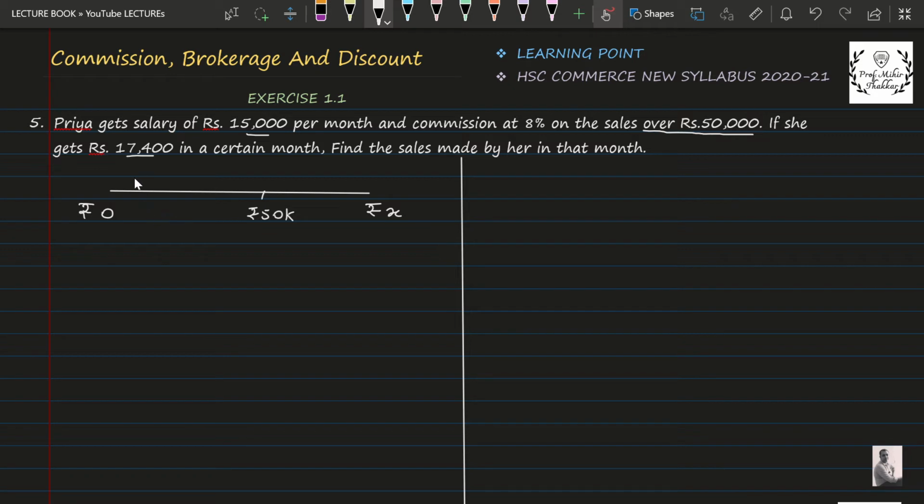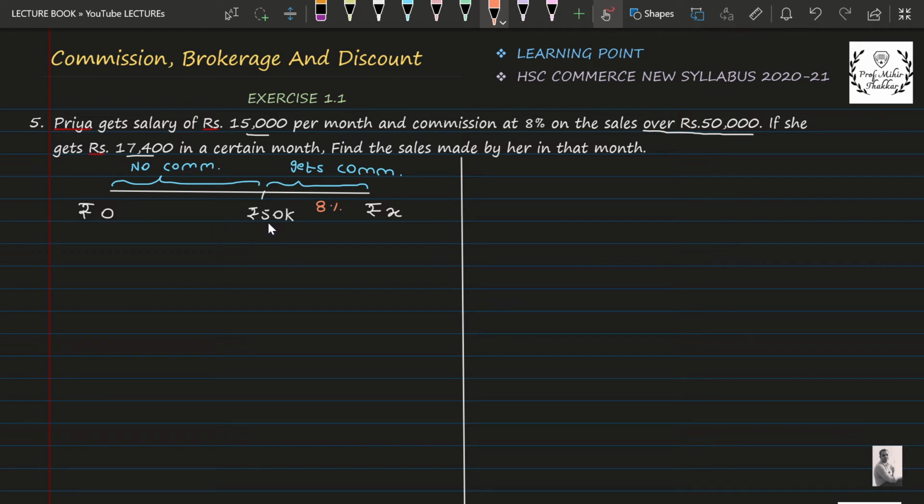According to the question, from 0 to 50,000 rupees, there is no commission. On the sales above 50,000, till whatever is the total sales, which is X over here, she gets commission. And what is the commission that she gets? She gets commission at the rate of 8%.